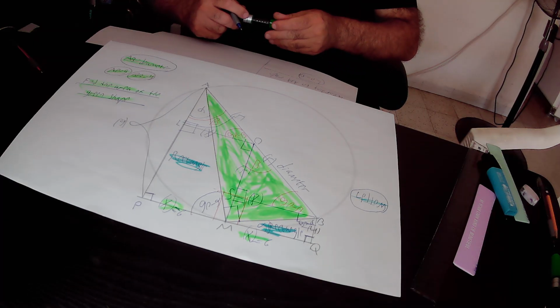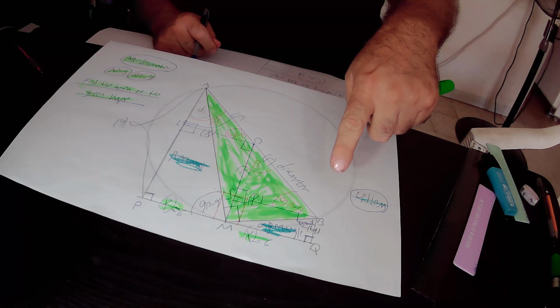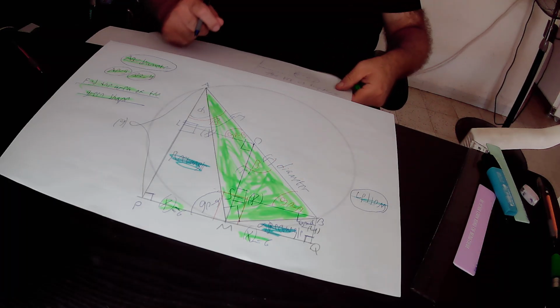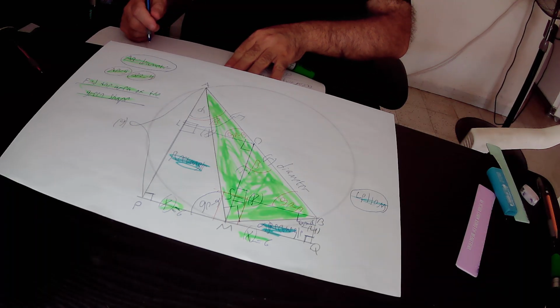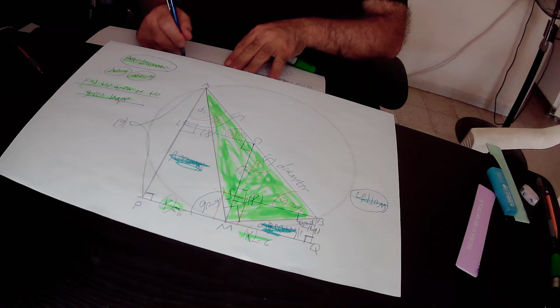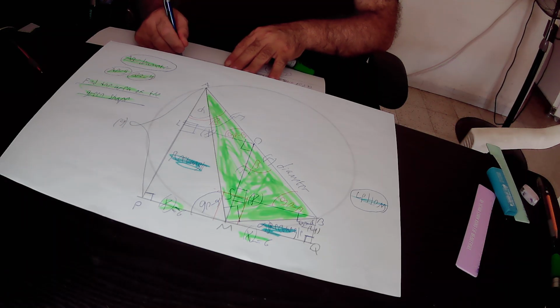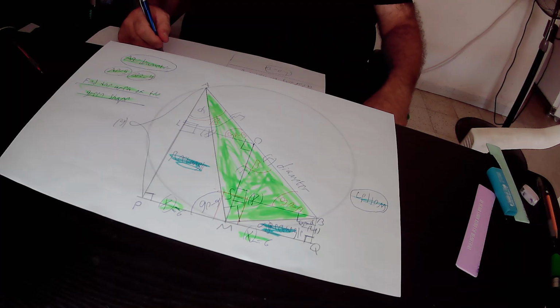In the next step, we'll implement the Pythagorean theorem on this small right triangle BMQ. According to the Pythagorean theorem, in any right triangle, the square of the hypotenuse equals the sum of the squares of the perpendicular sides.